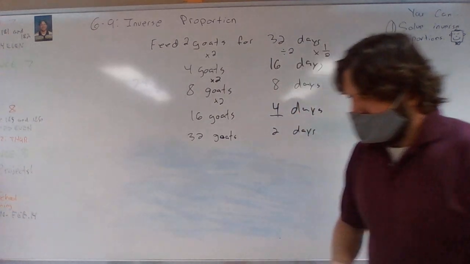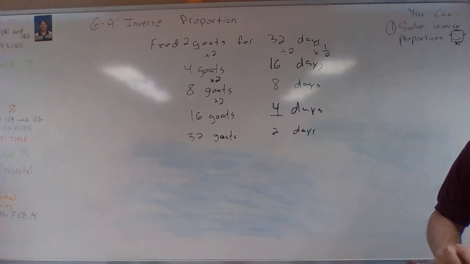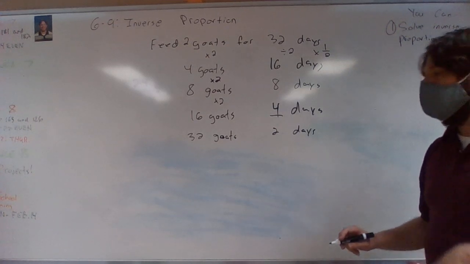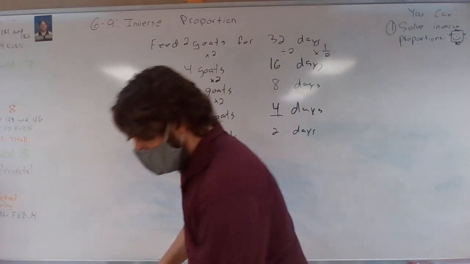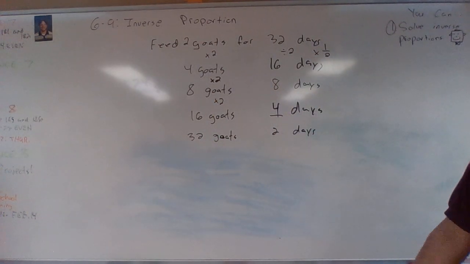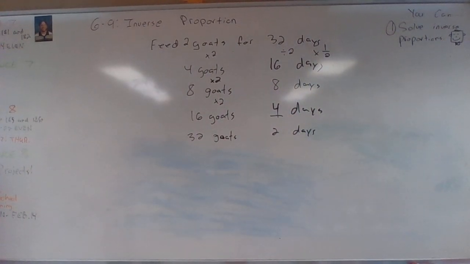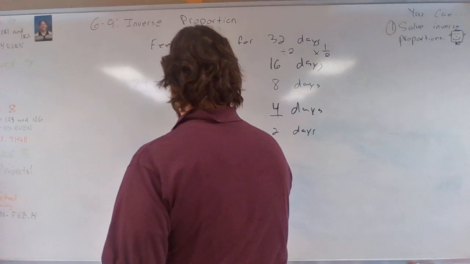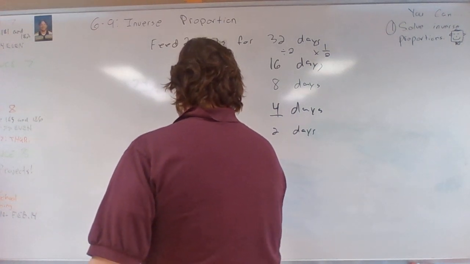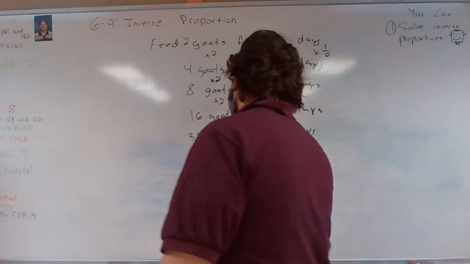So what you've noticed going on here, and I've used this term before, is that the quantities, when we're dealing with inverse proportions, change by reciprocal factors. Remember what a reciprocal is? All right, reciprocal. What's the reciprocal of 3 over 2? 2 over 3. Right.